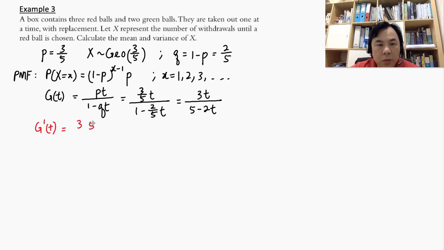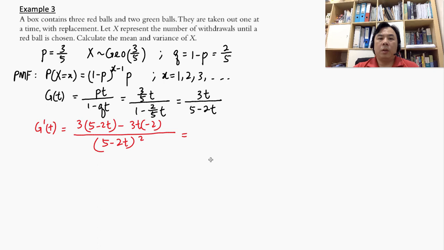So the quotient rule will be something like this. Okay, so that's how the quotient rule actually looks. And then if you try to simplify, we will get 15 over 5 minus 2t squared there. And then there you have it, right?